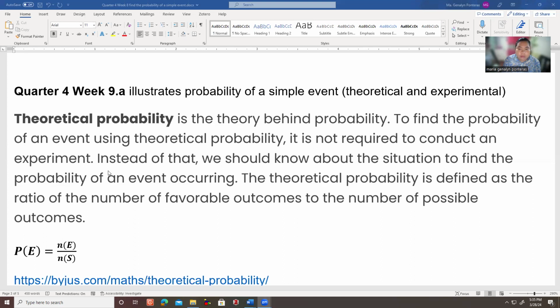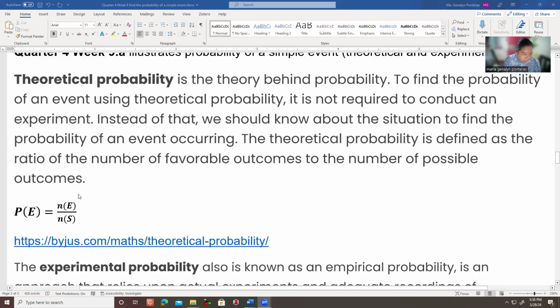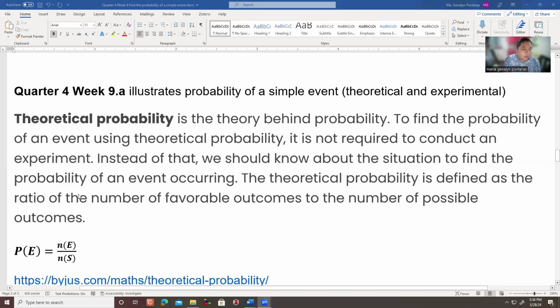When we talk about theoretical probability, it lies with the formula P of E is equal to cardinality of event over cardinality of sample space. Meaning to say, each event has a chance to occur, or has a probability.